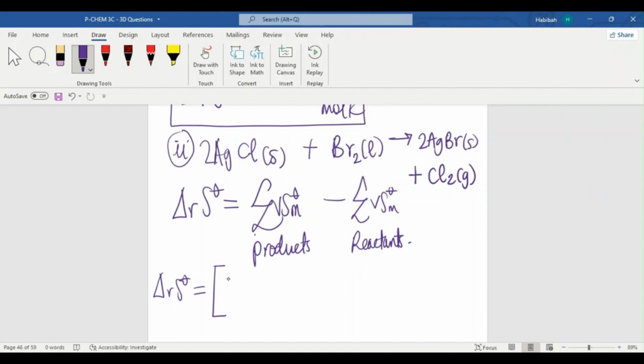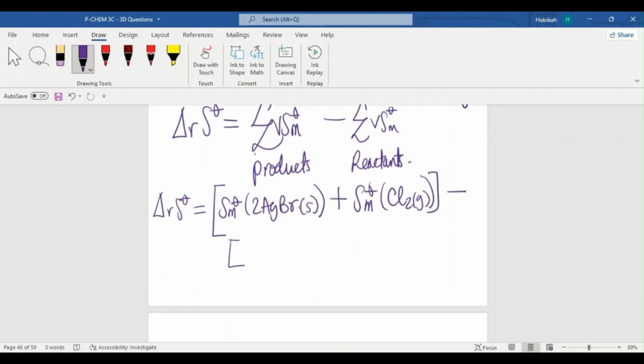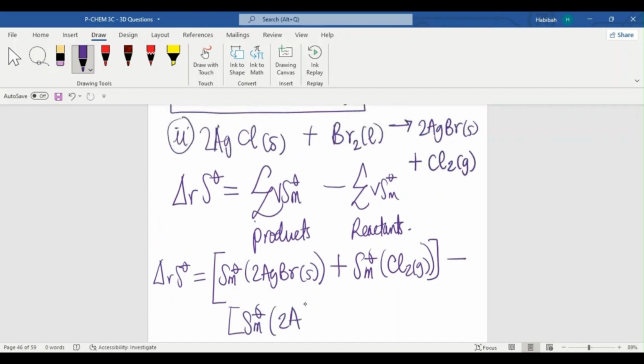So we're going to start with the first product: the molar entropy of 2AgBr, solid, plus the molar entropy of the second product, chlorine gas, minus the molar entropy of the first reactant, 2AgCl, solid, plus the molar entropy of the second reactant, bromine liquid.